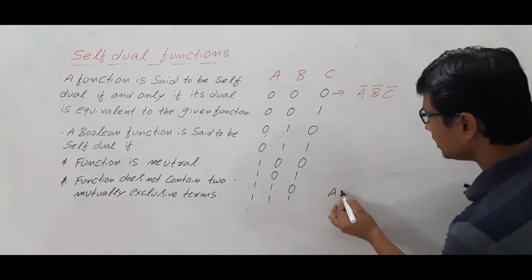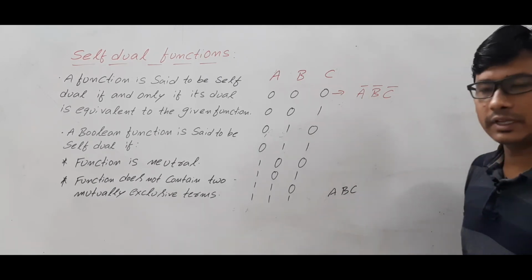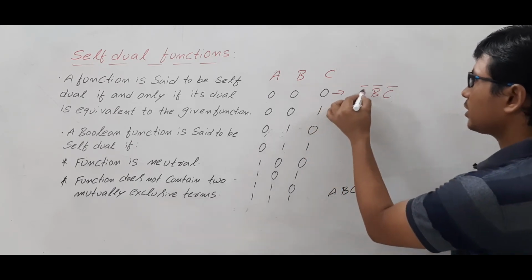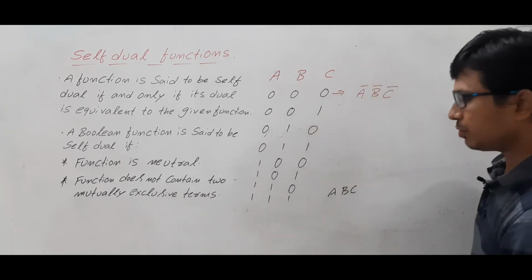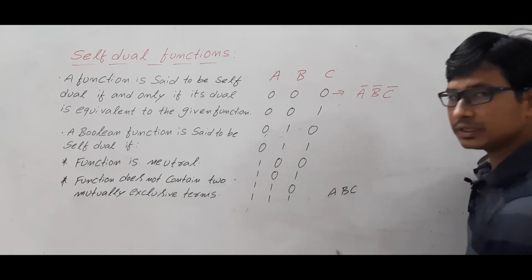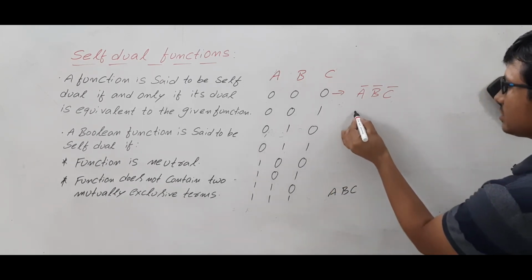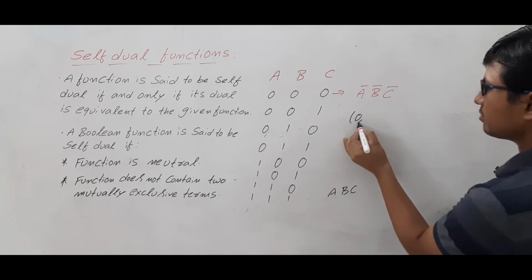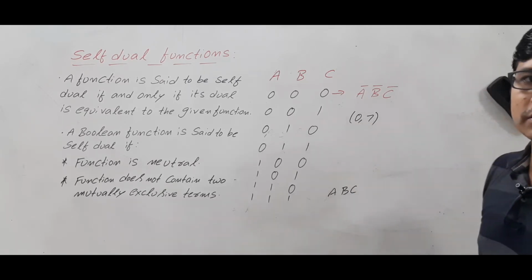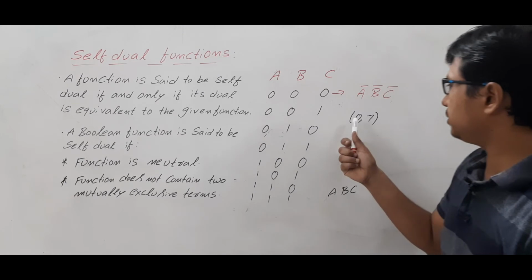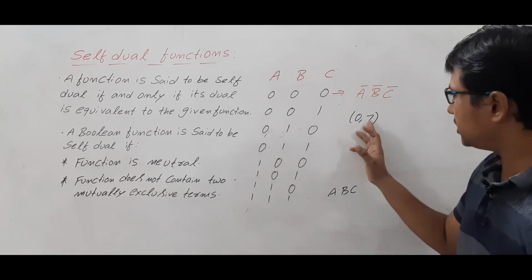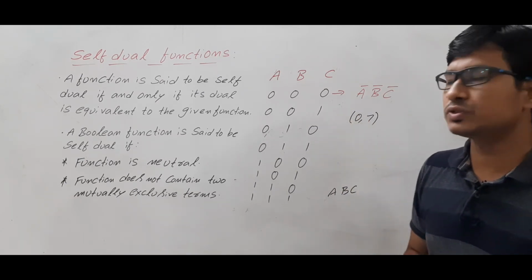It will be A, B, C. So for A complement, B complement, C complement, the mutual exclusive term is A, B, C. Can I write it like this? 0 and 7 are the mutual exclusive terms. For 0, 7 is the mutual exclusive. Similarly, for 7, 0 is the mutual exclusive.